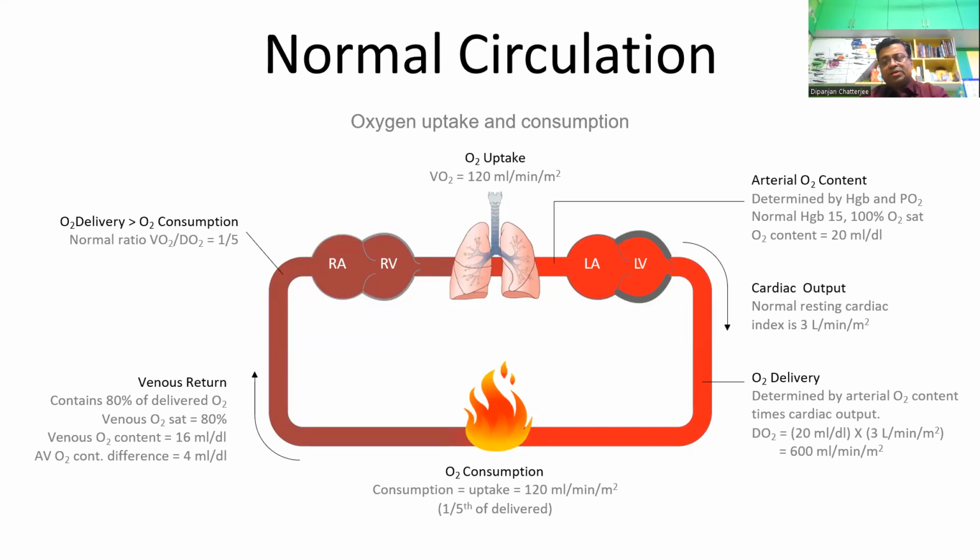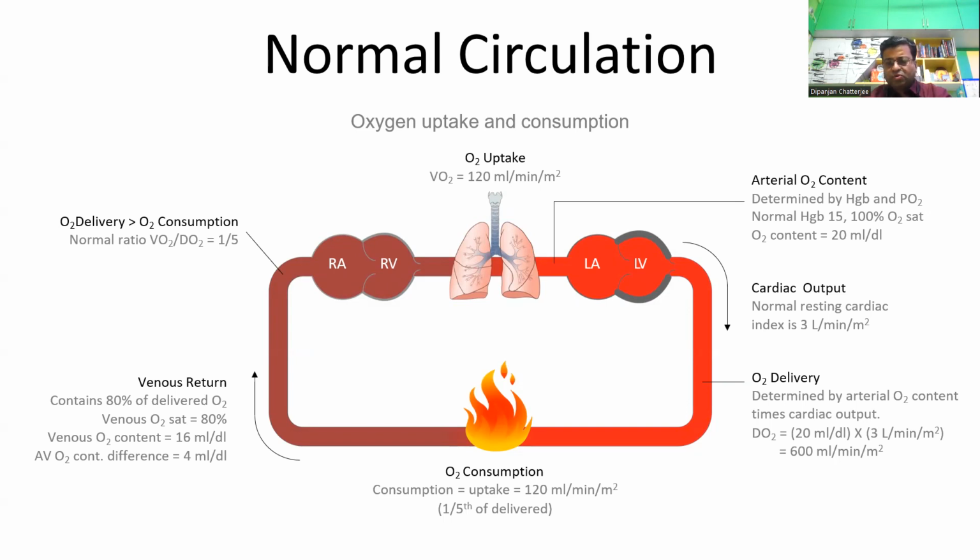So if we take a hypothetical case of a normal human being with a cardiac index of around 3 liters per minute per meter square, the blood which is passing through the lungs and entering the left side of the heart is usually 100% saturated. So the oxygen content, if we take the hemoglobin at around 15, comes to around 20 ml per deciliter.